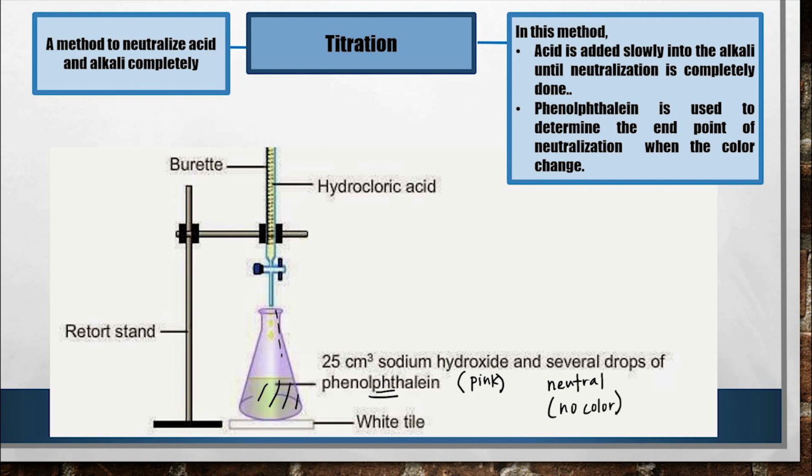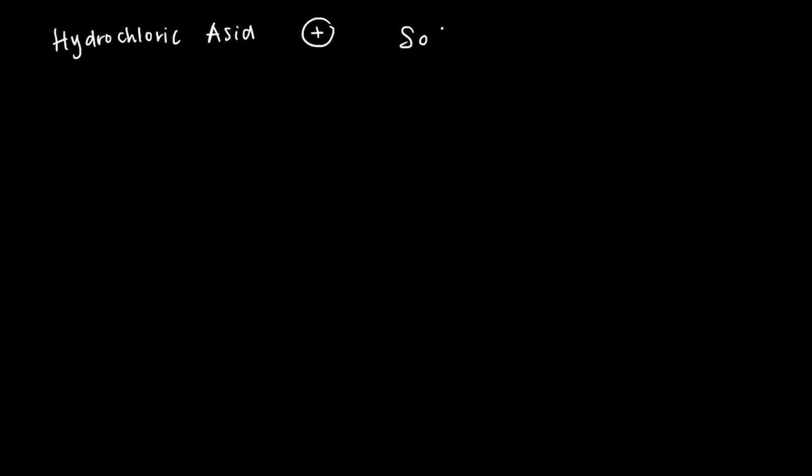Okay, so before that, we are going to understand the whole concept in this experiment. The first thing we are going to use is hydrochloric acid together with sodium hydroxide.